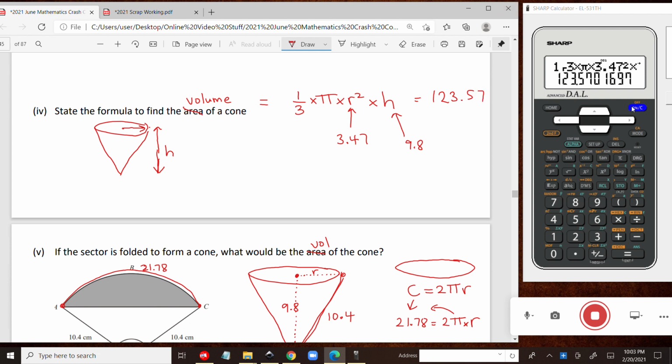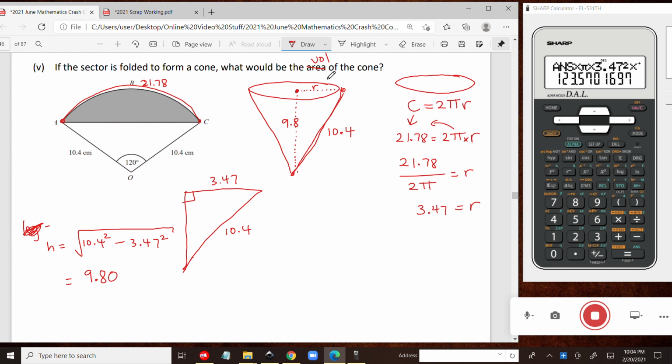I'm just double checking my answer to make sure. 1 divided by 3 multiplied by pi multiplied by 3.47 squared multiplied by 9.8. Yeah, it's correct. And the answer will be in centimeters cubed, right?